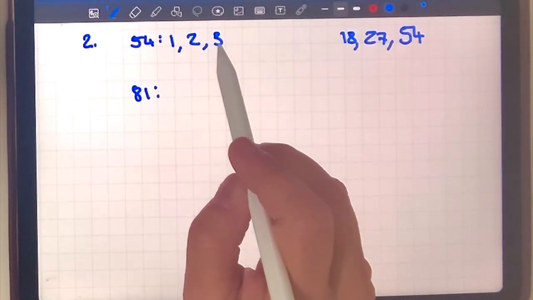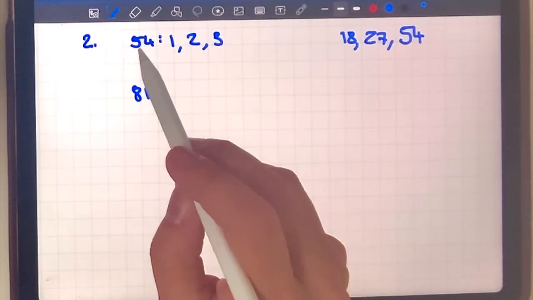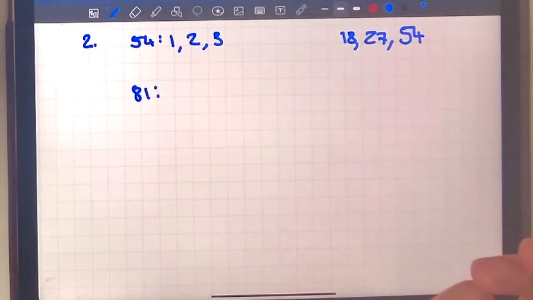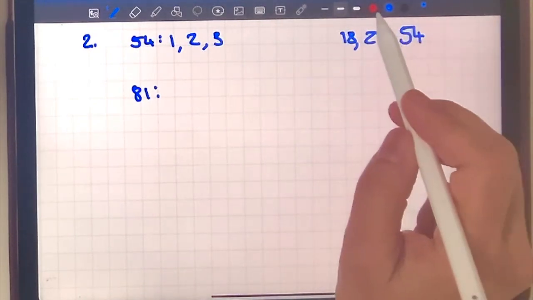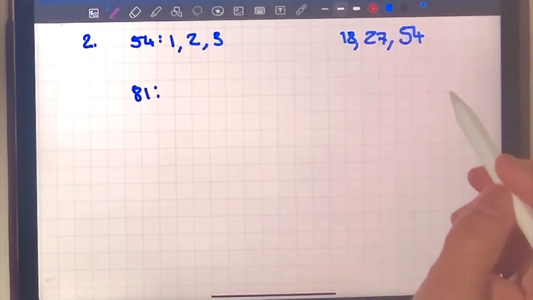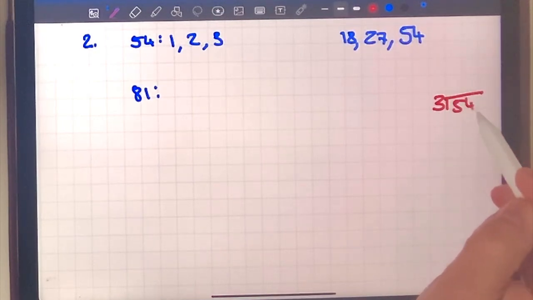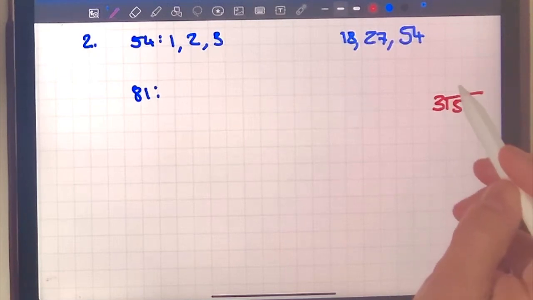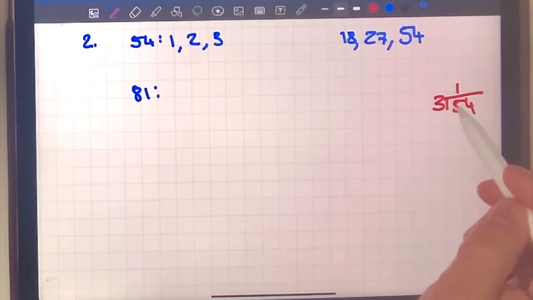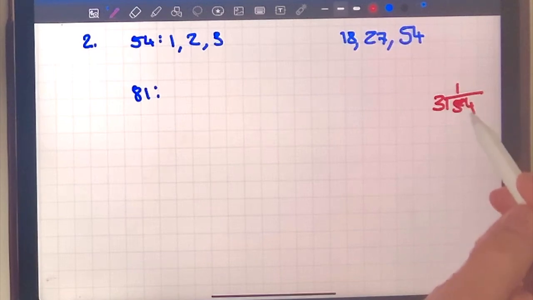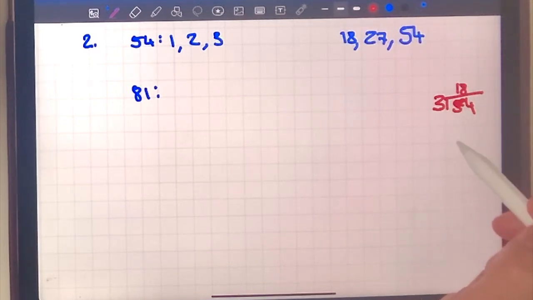So by that I mean, like, if you didn't know that 3 goes into 54 18 times, you might go off to the side and do how many times does 3 go into 54? 3 into 5 goes once, 1 times 3 is 3, so 2 is left over, so put the 2 there. 3 into 24 goes 8.